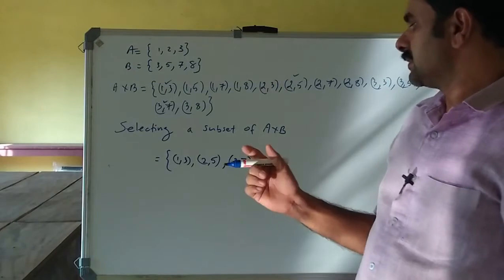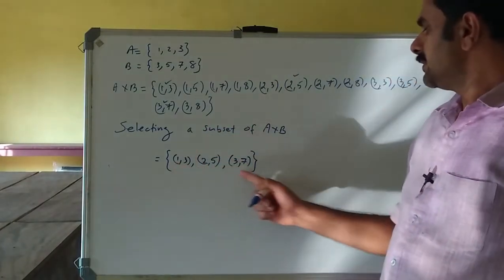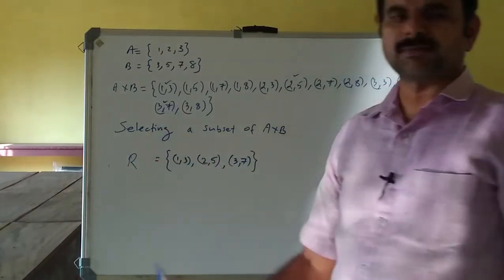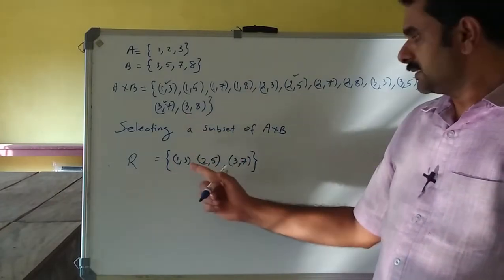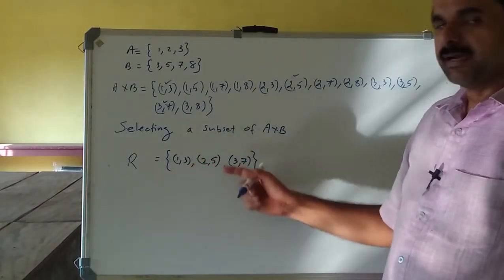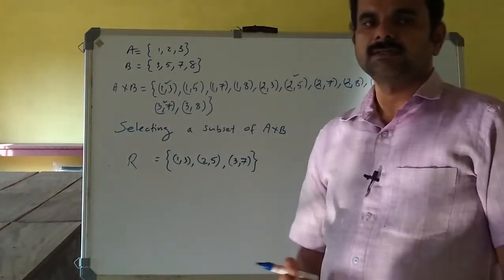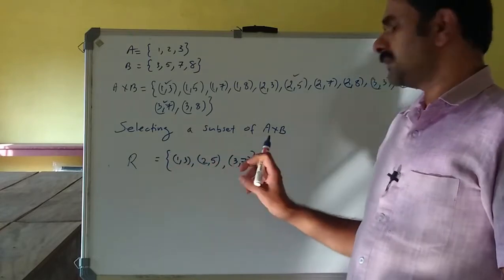I name this small set capital R, for example. Capital R is a small set made of some of the elements of A cross B. So capital R is equal to {(1, 3), (2, 5), (3, 7)}.